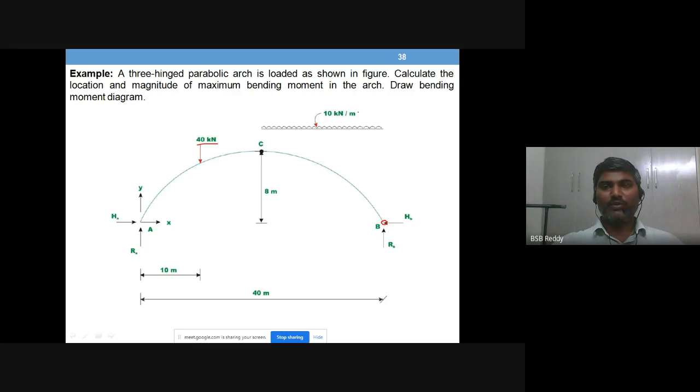Then the moment from the UDL is 10 into 20, the total load, which acts at the center of the 20 meters, which means 10 from B. So the moment from the 10 kilonewton per meter is 10 into 20, total load, into the distance 10.